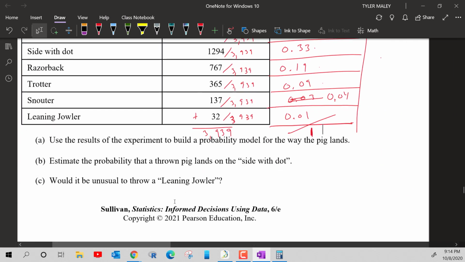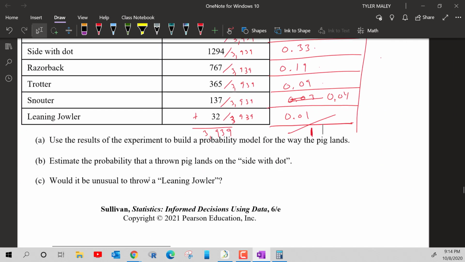So that's part A. Part B says estimate the probability that a thrown pig lands on a side with a dot, right? So we would use our table. The probability of getting a side with a dot outcome is approximately equal to 0.33. That's our estimate. Then it says, would it be unusual to throw a leaning jowler?